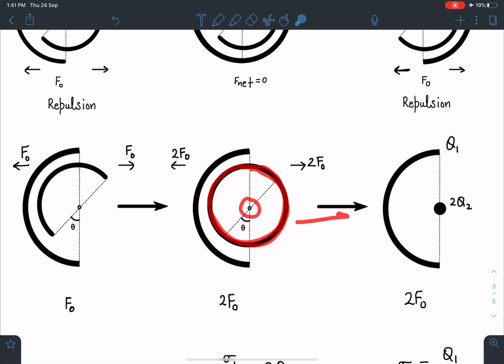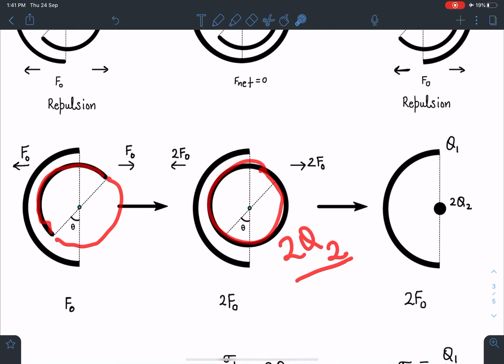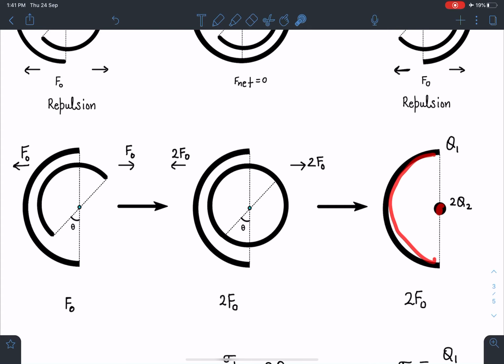So my next diagram will be the bigger hemispherical shell, and for all the points on the bigger shell, this smaller inner complete shell will behave like a point charge concentrated at the center. From here this charge was Q2 and this charge is also Q2. So on this shell total charge is 2Q2.